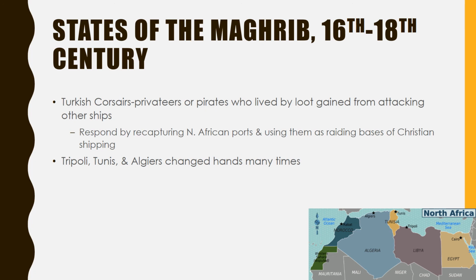So anytime the Spanish or the Portuguese would try to use the Mediterranean Sea to ship goods, and it was a major highway for shipping and trade at this time, these pirates would do what pirates do and try to take loot from them. And so Tripoli, Tunis, and Algiers, who controlled them is going to change hands many times, going back and forth between these groups.